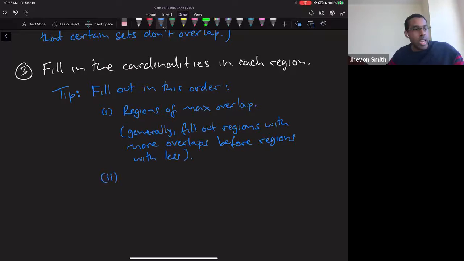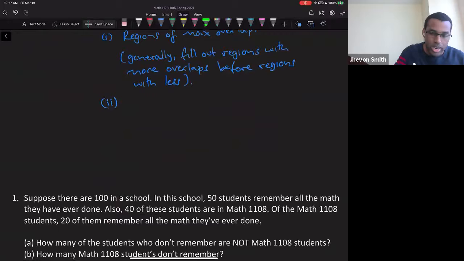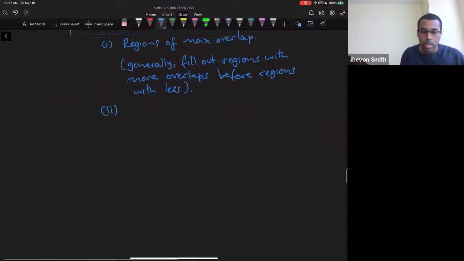So like if I have a Venn diagram, there are 3 sets in it, I'm going to draw all of them overlapping. I would want to fill out the sections where all 3 overlap before I fill out the sections where only 2 at a time overlap, before the sections where only 1 overlaps, and so on, right? You kind of want to go for the most overlaps first, because otherwise you can actually get into trouble.